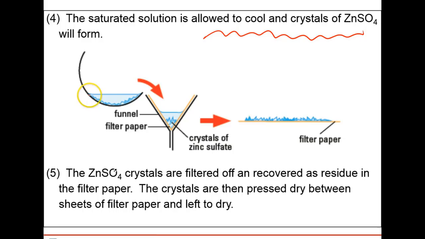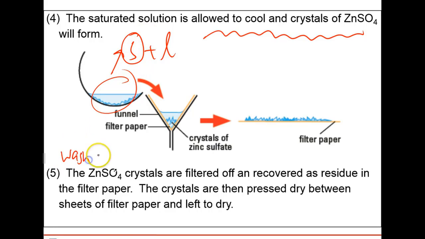Once crystals are formed, very easy. How do we get a solid from a liquid? Now this is a solid and liquid mixture. To remove the solid, we simply filter. Once it is filtered off, we have the crystals on the filter paper. We have one more step here.